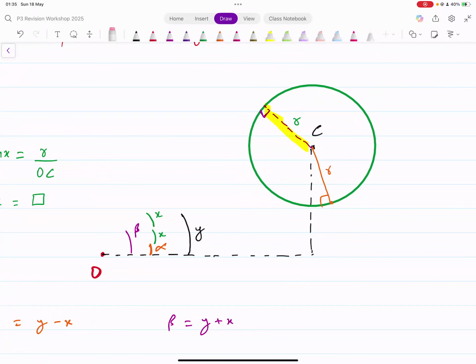What's the least argument going to be? Argument is measured from the x-axis, right? So this is where the argument is going to be measured from a horizontal line, right? You keep increasing this angle. What's the first time that you touch the circumference? That's this point here, such that you make a tangent at this point. This angle is going to be the least argument.